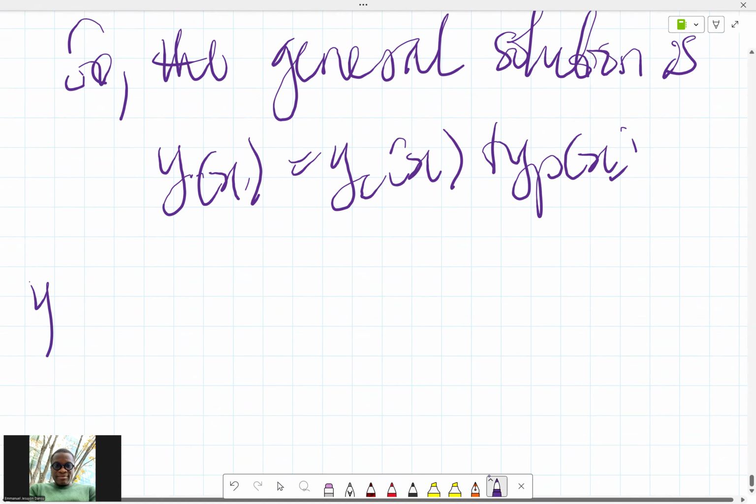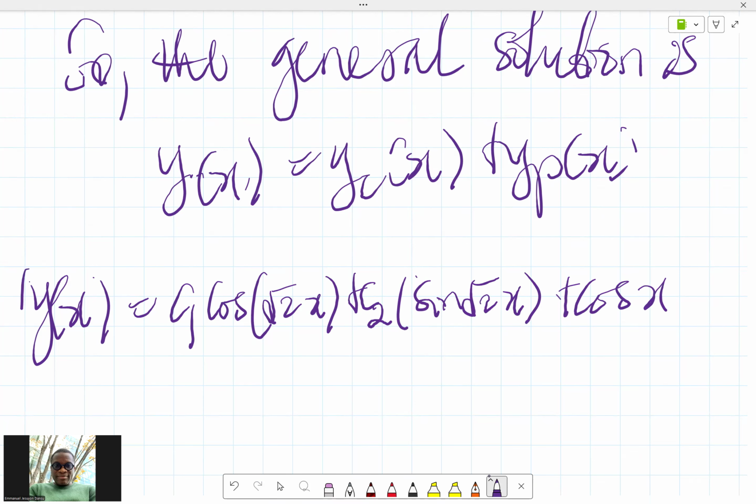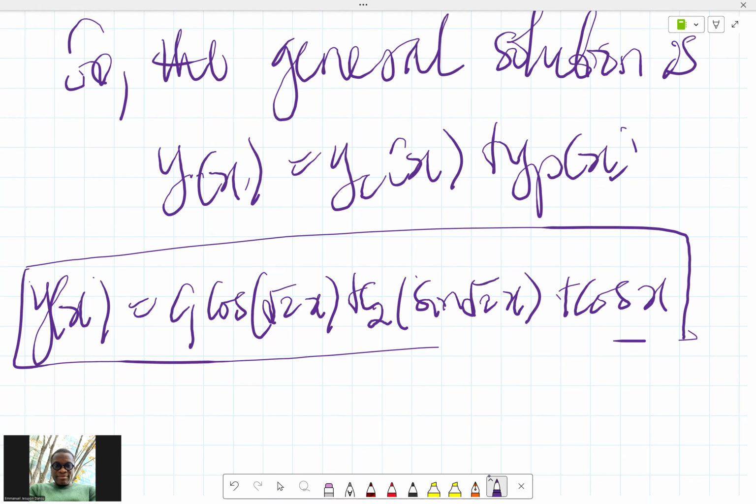So that means y of x is equal to c1 cos root 2x plus c2 sine root 2x, plus cos x. That is the general solution in this situation. With that, we come to the end of this very interesting part.